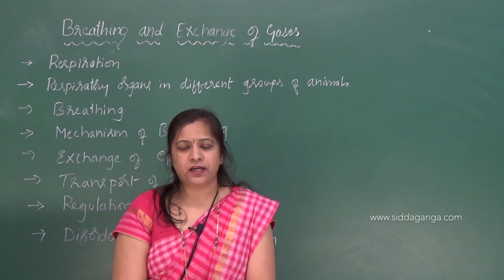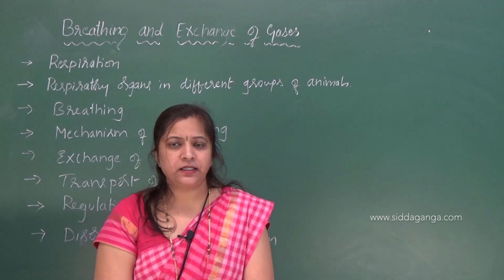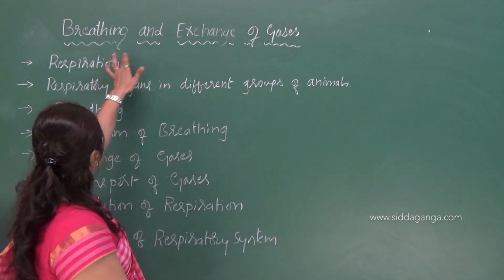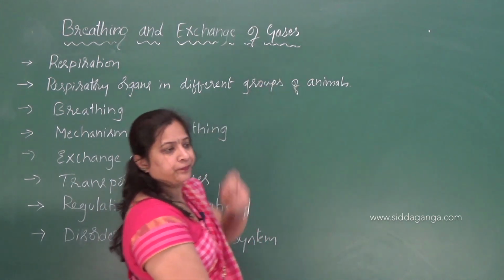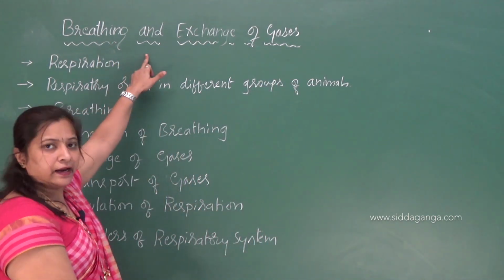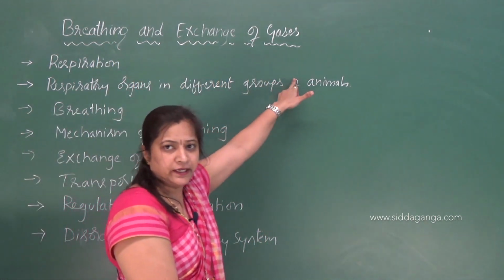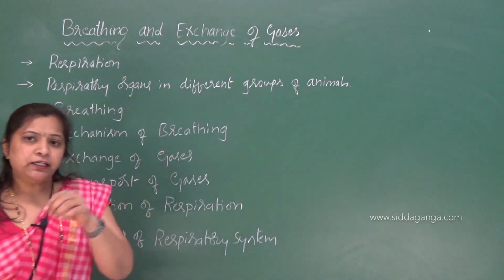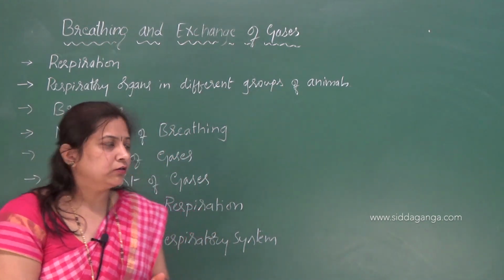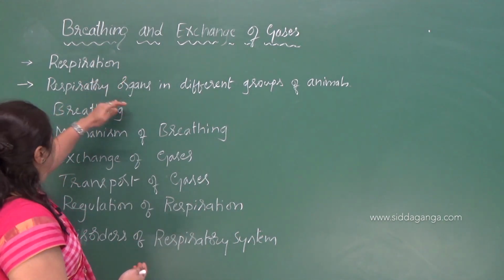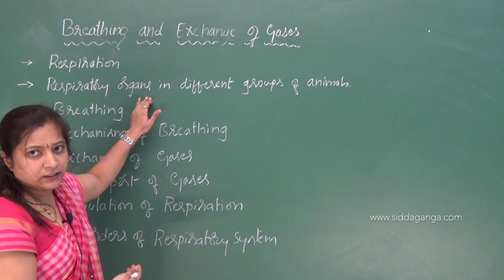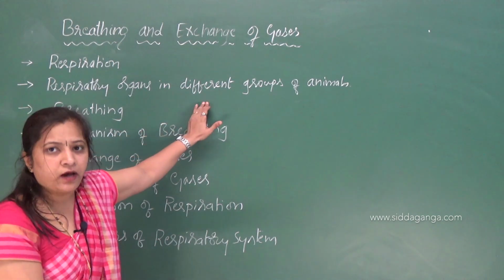Today I would like to start another chapter in human physiology, that is breathing and exchange of gases. In this chapter you are going to learn what is respiration, the respiratory organs in different groups of animals.